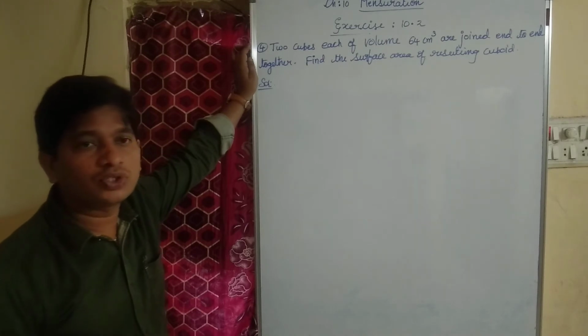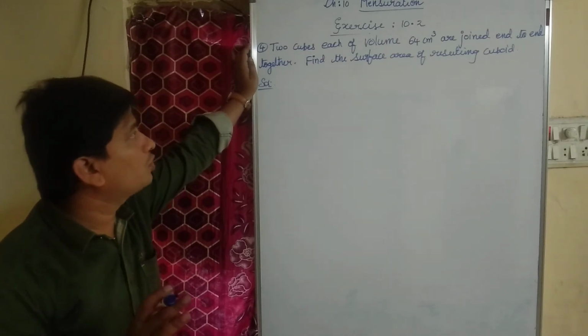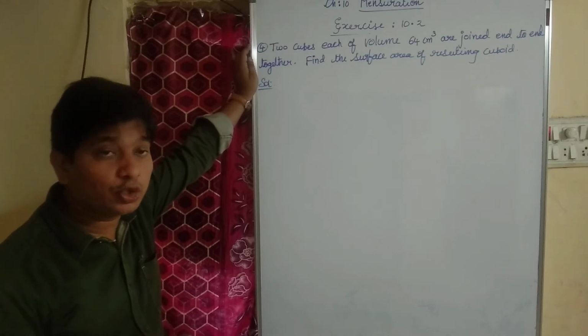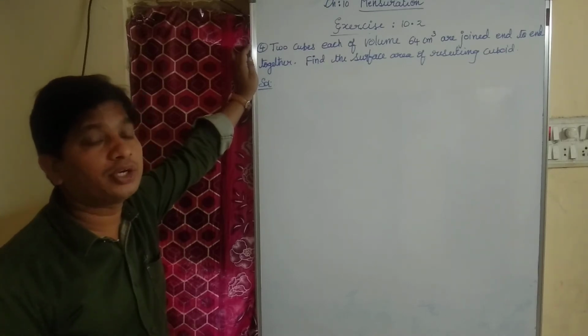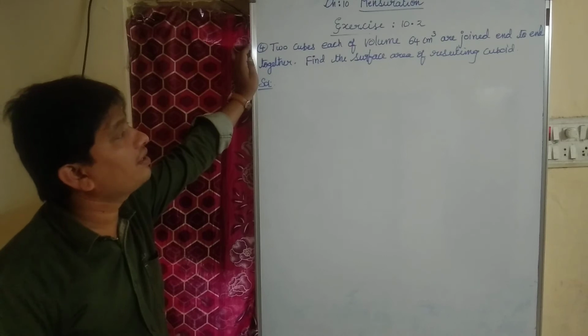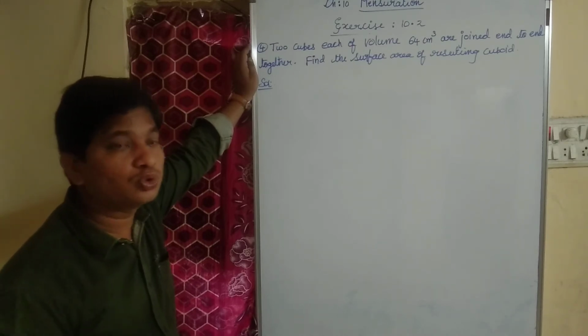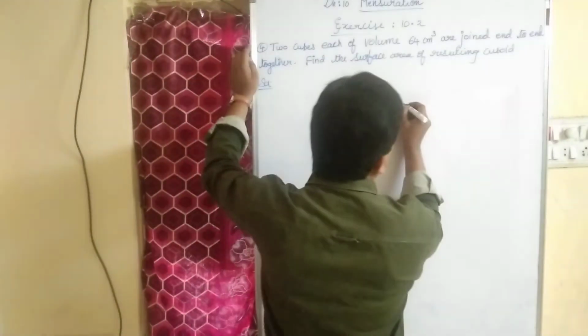Now coming to the fourth question. Two cubes, each of volume 64 cubic centimeter, are joined end to end together. Find the surface area of the resulting cuboid. Two cubes, see here.